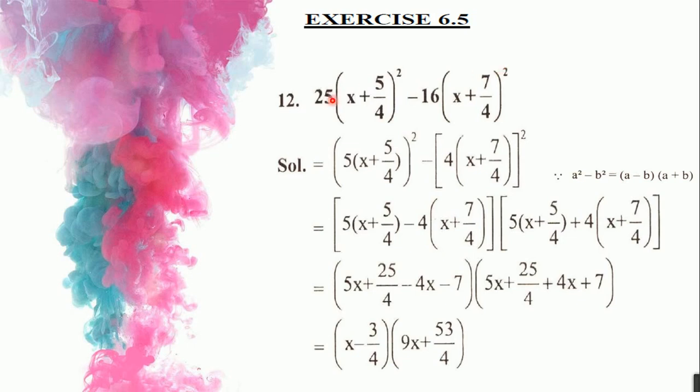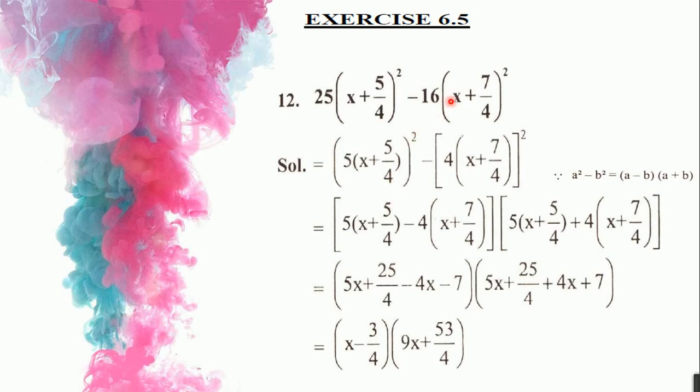We will also write this 25 and 16 in the form of whole square. This 25 is part of this first term because 25 is multiplying with this bracket. So we can write in this way: 5 into (x plus 5 by 4) whole square, because 5 square equals 25.